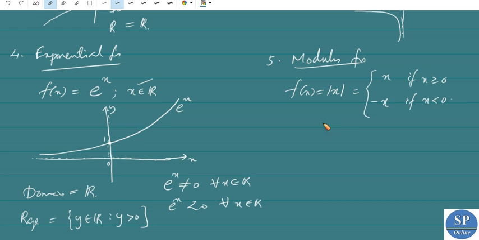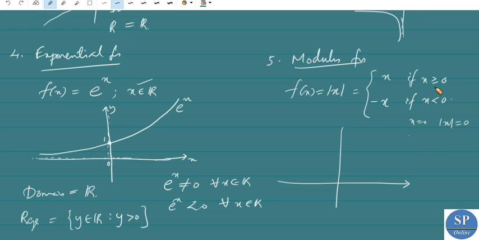Okay, so what will be the graph of this modulus function? If you draw that, we'll get, suppose for x equals 0, what will be modulus of x, which is coming under this region. So modulus of x is equal to 0 itself.